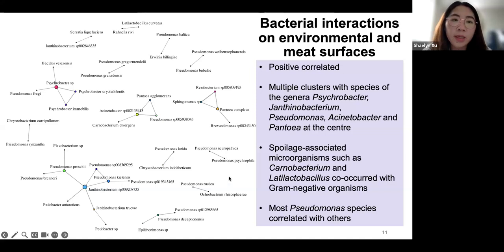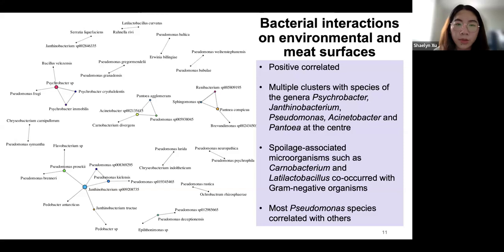And then we also identified multiple clusters with the key species of genera Pseudomonas, Xanthomonas, Saccharobacter, Acinetobacter, and Pantoea at the center. Some spoilage-associated microbes, such as Carnobacterium as well as Lactobacillus, have co-occurred with gram-negative microorganisms.